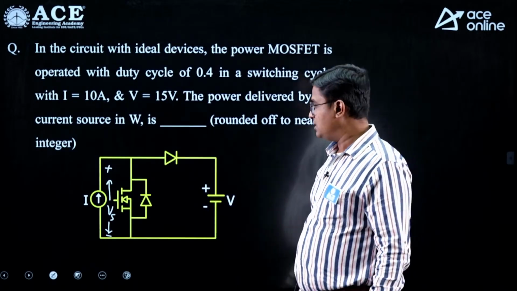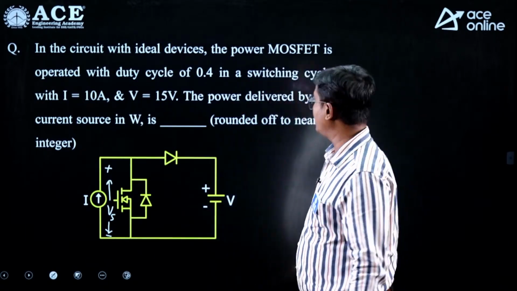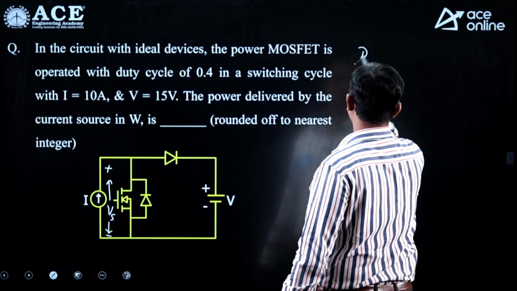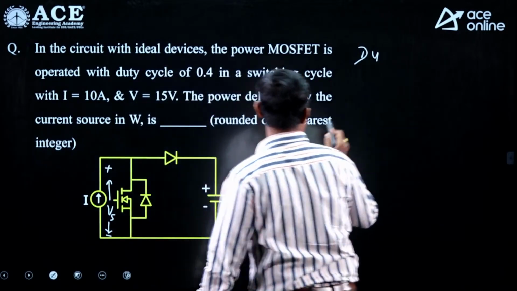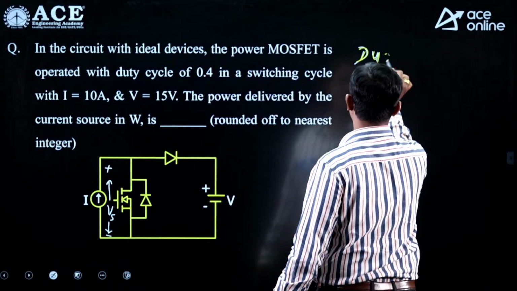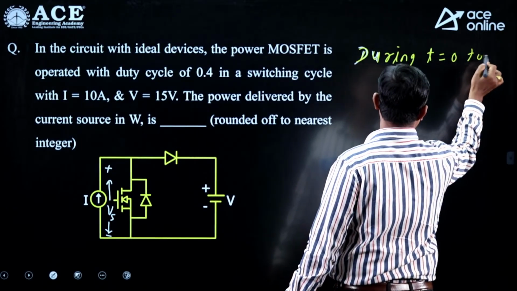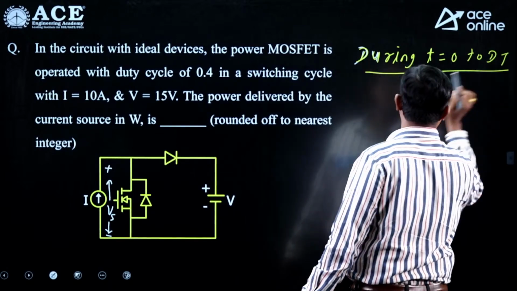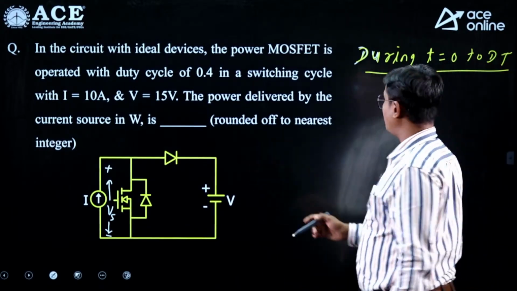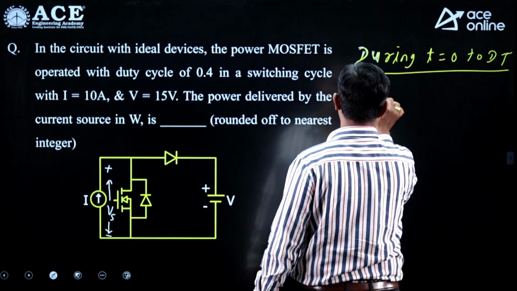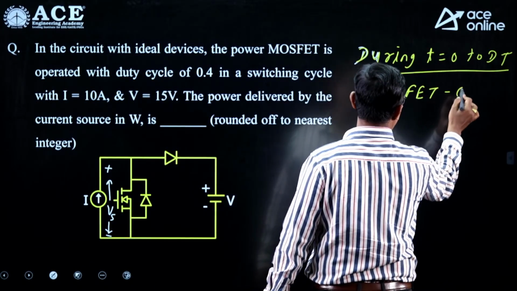So first, this is a MOSFET, we are operating as a switch, alright? So during t equal to 0 to dt, that means t equal to t on, your power MOSFET will be in on state.